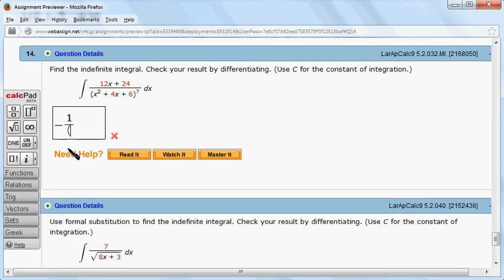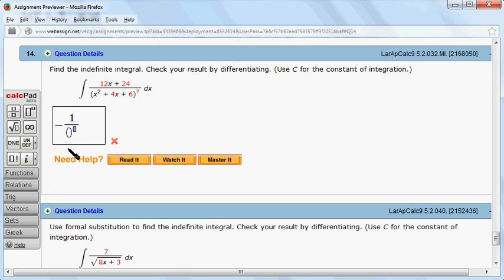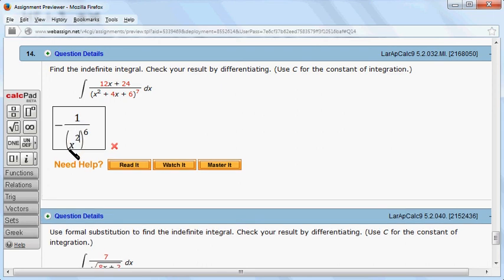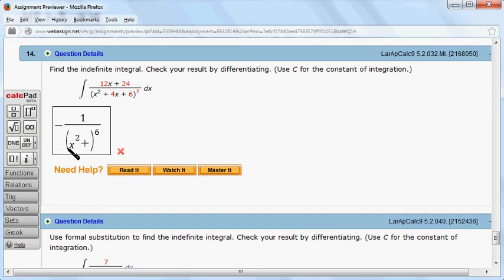So you have a parenthesis raised to the 7th power, actually 6th power. Then inside we have x squared plus 4x plus 6. Then you would have plus some constant c.